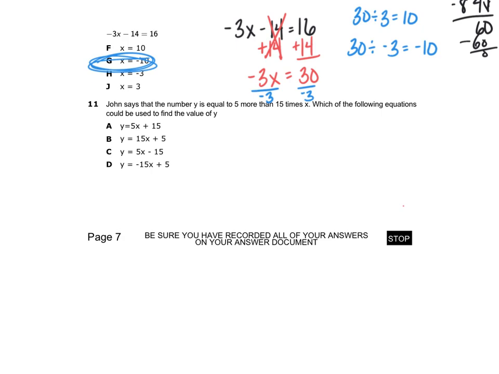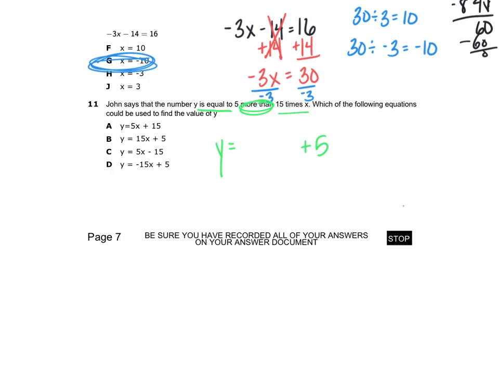Last question. John says that the number y, we're writing an equation. I'm going to go ahead and write it as I read it. The number y is equal to 5 more than 15 times x. When I see that more than, I know that's plus 5.